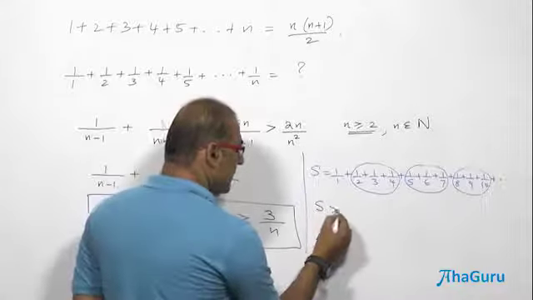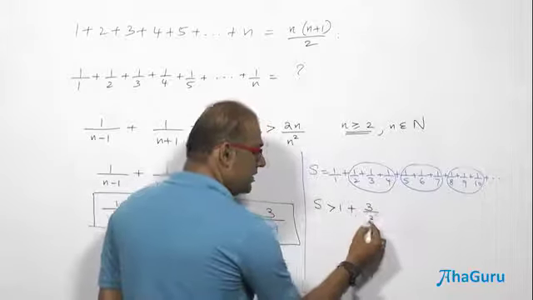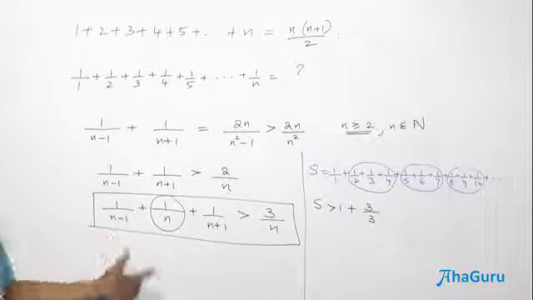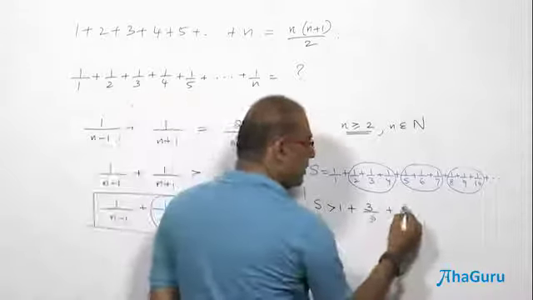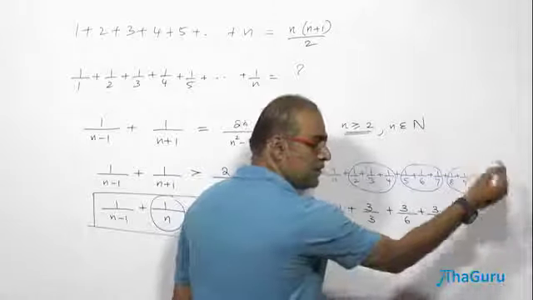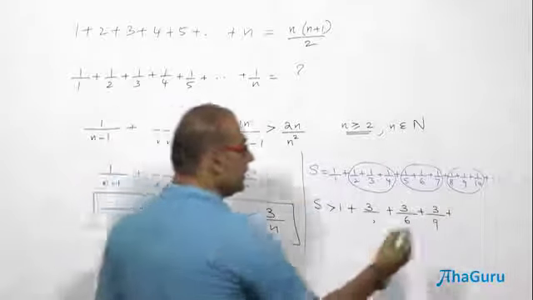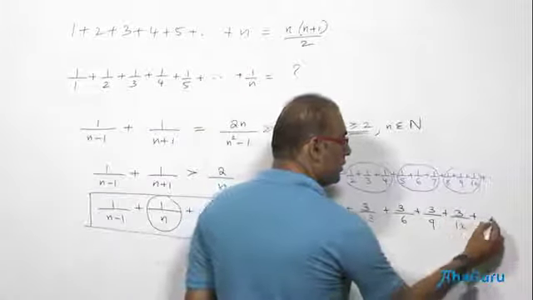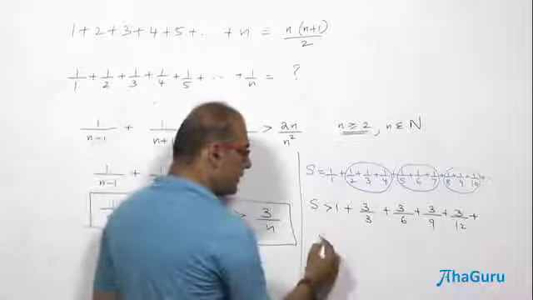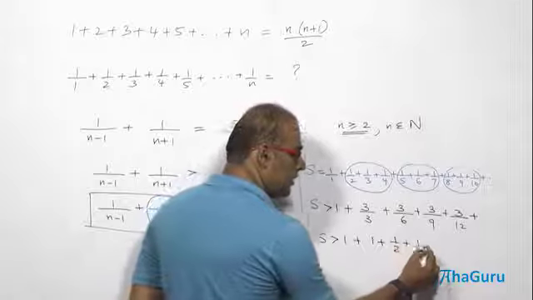So I can write S greater than, because this block is greater than 3 by 3. How? You have this identity, right? The next block is greater than 3 by 6. In the next block, who will be the middle one? 12. So I get 3 by 12, and so on. But what is 3 by 3? What is 3 by 6? What is 3 by 12?